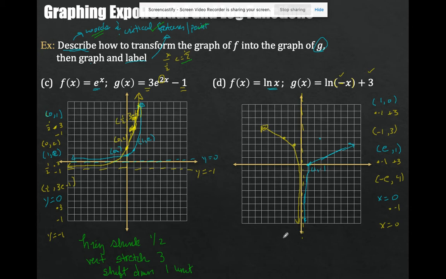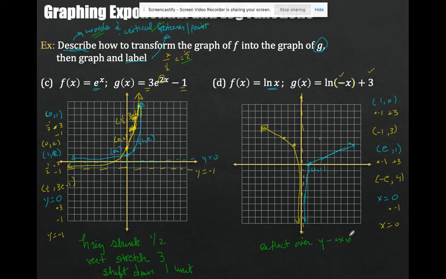Okay, what happened over here? You could say, right? You can't say a vertical stretch or shrink, right? Because that's a 1, right? But what happened? Right?